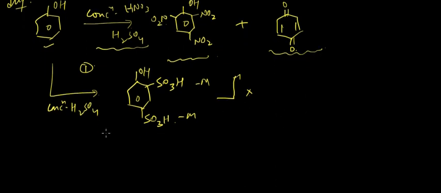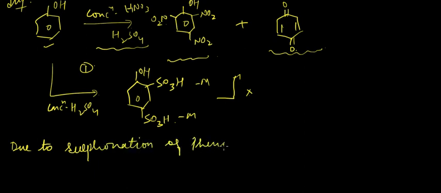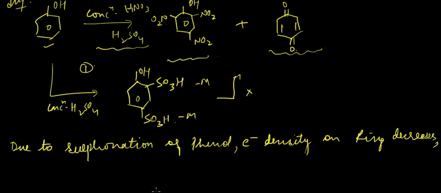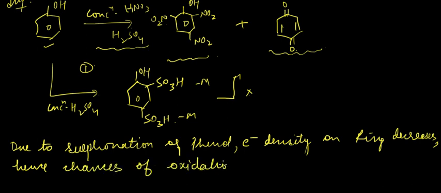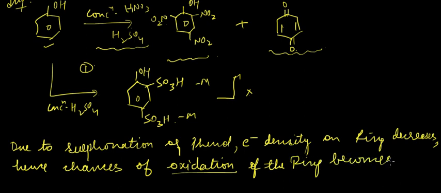Okay, so what can we conclude is this, that due to sulfonation of phenol, the electron density on the phenyl ring actually decreases, and hence the chances of oxidation of the ring become less.